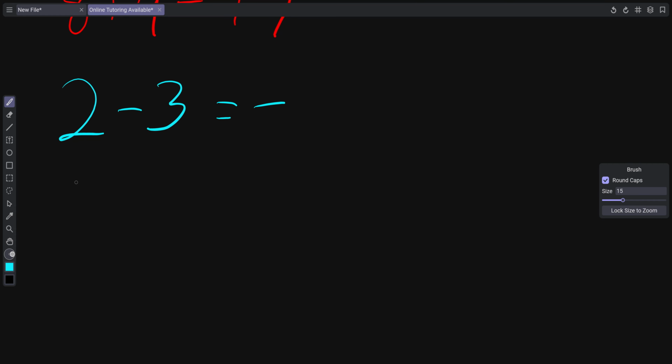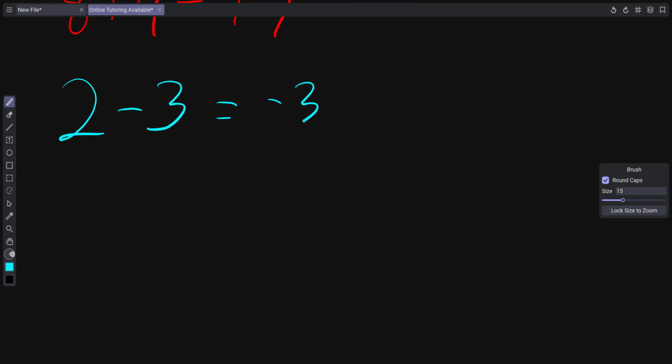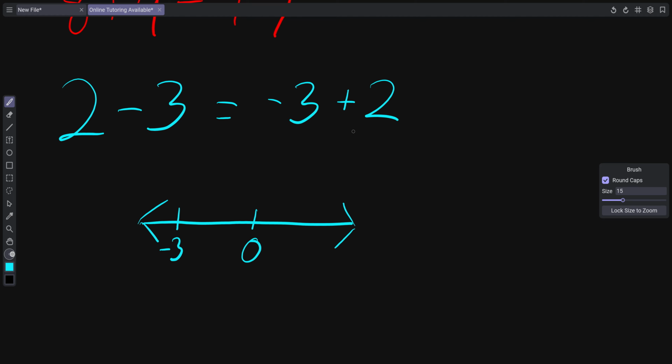Well, we can rewrite it like negative 3 plus 2. And if you had the number line here, we would know 0 would fall in the middle, and we had negative 3, and we were counting up because we're adding. So we'd be counting up 2 steps, and we get negative 2, and finally negative 1.